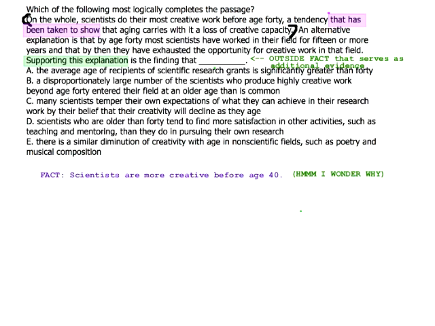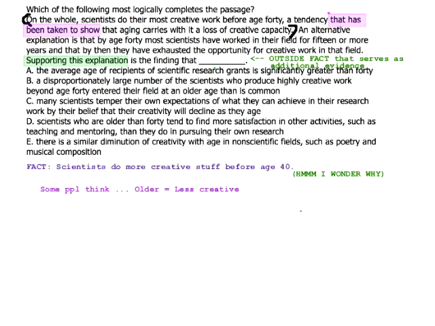So, some people think that creativity basically just declines as you age. People get older, they do less creative stuff. Okay, some people think this.